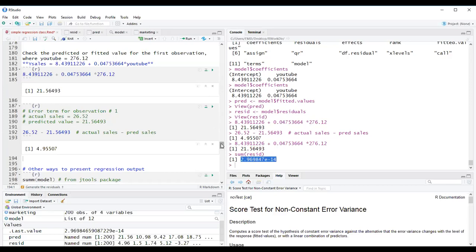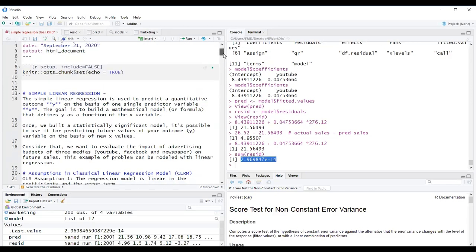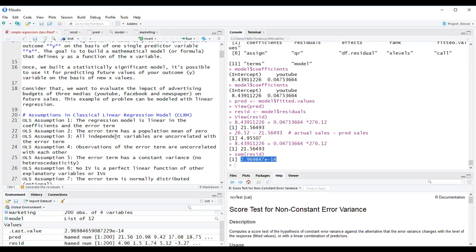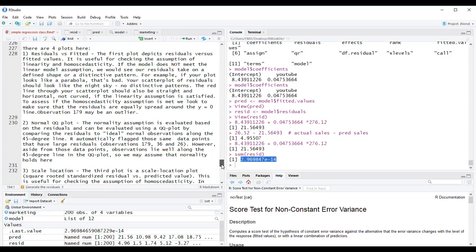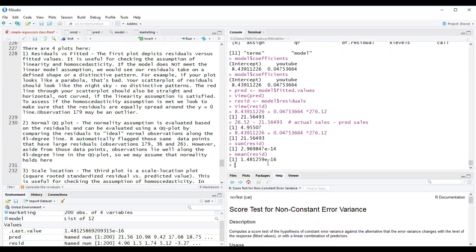Because that is one of the assumptions of the classical linear regression model. The error term has a population mean of 0, and the sum of the error term is 0. So let's get the mean, the average of the residuals. What is the mean? What is the average of the residuals? 0, guys, 0.